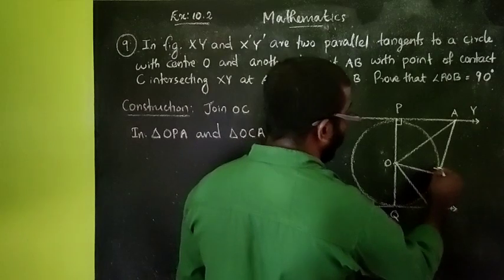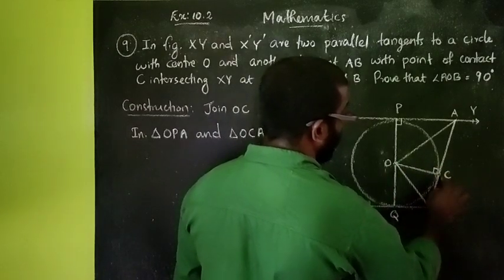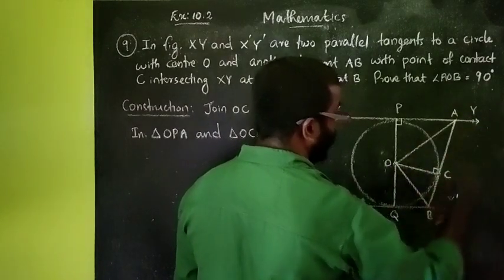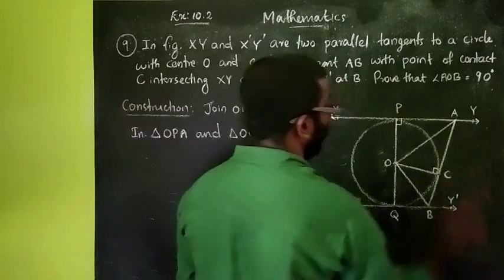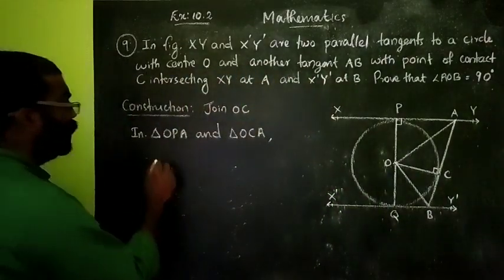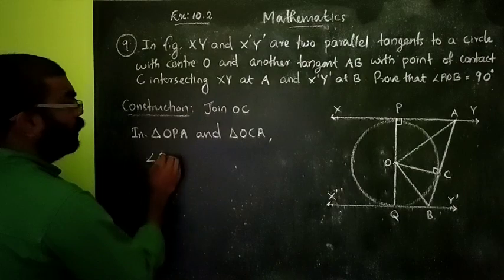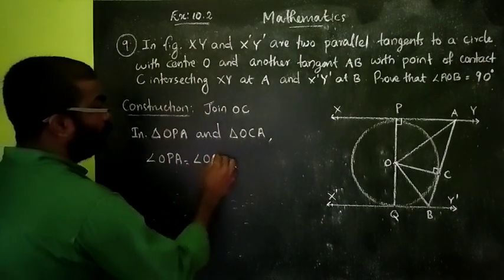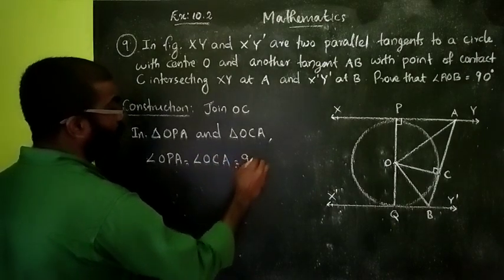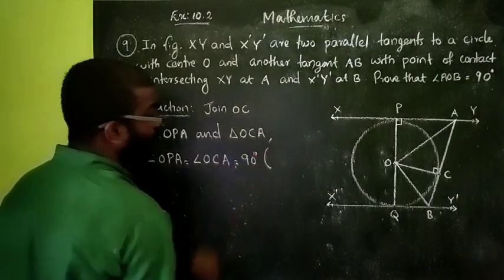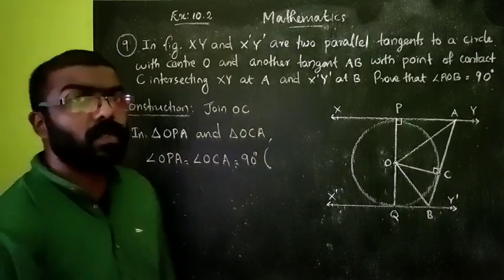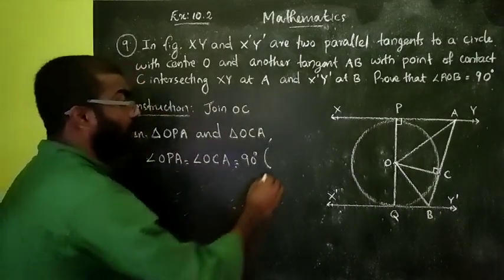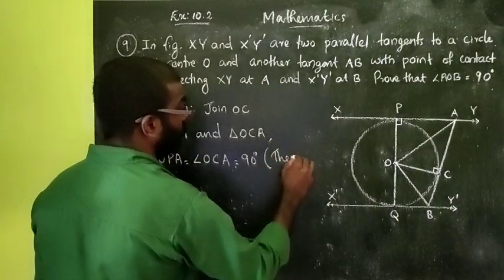Here also OC is the radius and AB is the tangent, so angle OCA will be equal to 90 degrees. Here we can write angle OPA equals angle OCA is 90 degrees. Reason: tangent is perpendicular to the radius through the point of contact, that is by theorem 10.1.